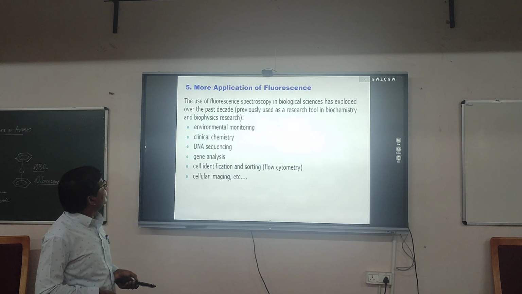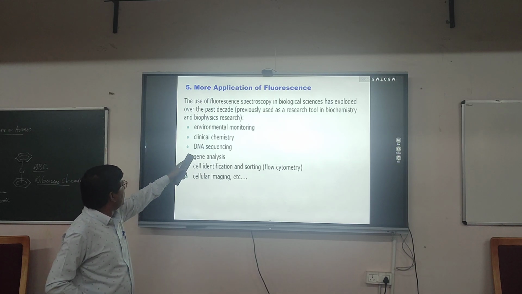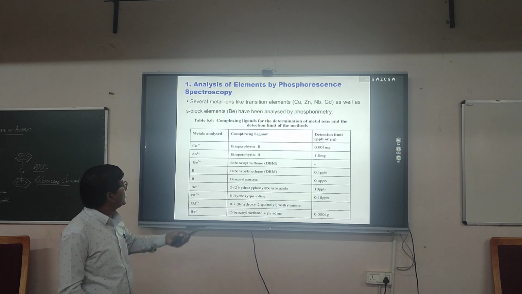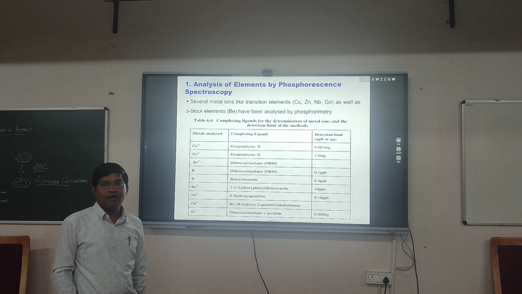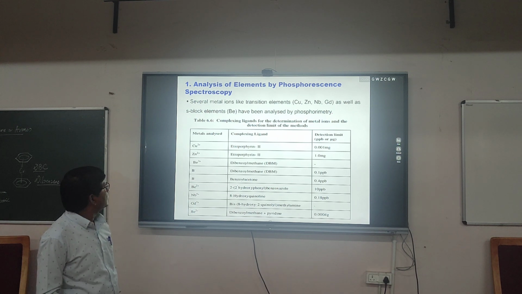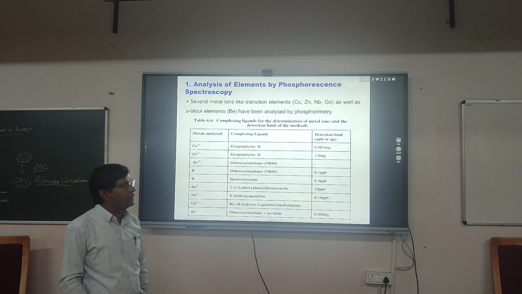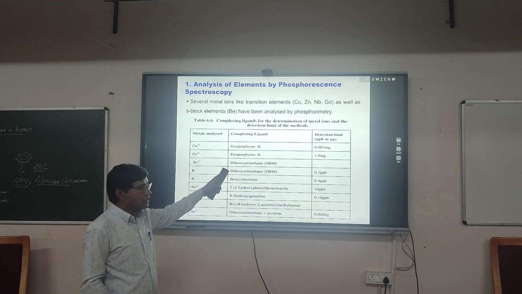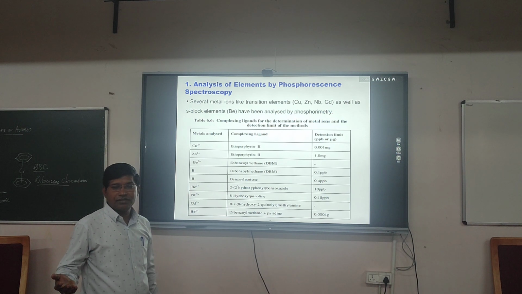Then more applications of fluorescence. We can use this instrument in environmental monitoring, clinical chemistry, DNA sequencing, and gene analysis. These are the applications of phosphorescence. If you want to use phosphorescence for determination of copper, niobium, gadolinium, or other elements, we have to use phosphorescence.